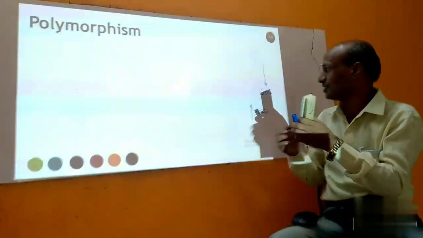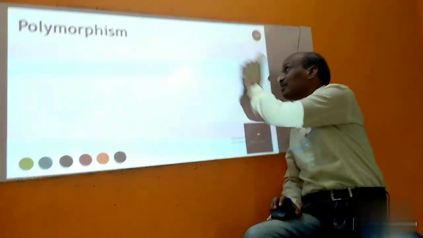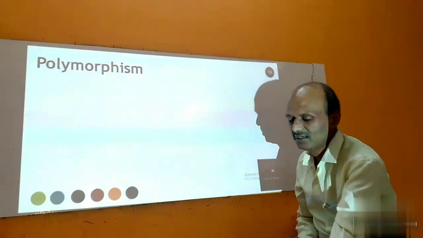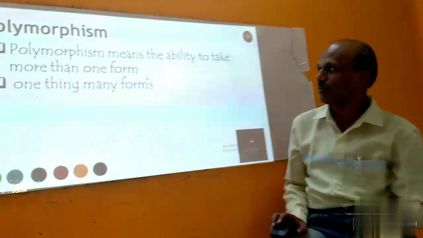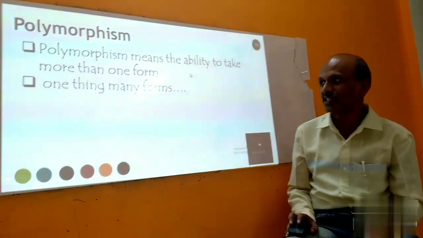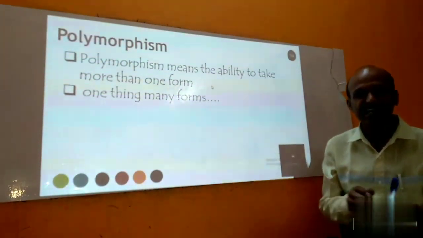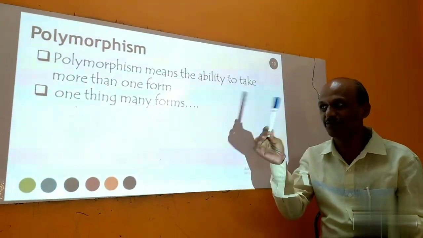Next, we are going to see the next concept, polymorphism. So what do you mean by polymorphism? Polymorphism means the ability to take more than one form, or one thing, many forms. Again an example: a pen, used for writing, one purpose, one thing.